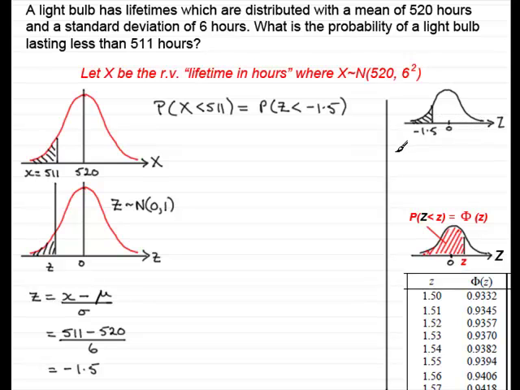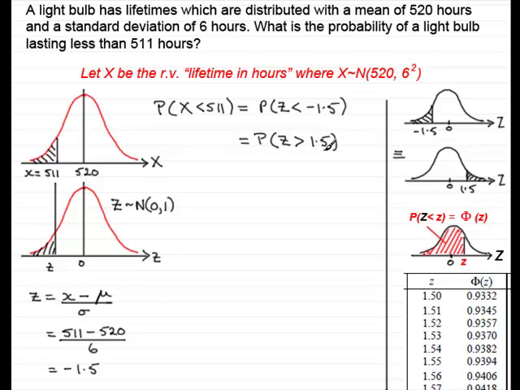So this is identical to drawing the curve again and looking at plus 1.5 over here and looking at this area here. These two areas are exactly the same. So this is equivalent to the probability that z is more than 1.5.